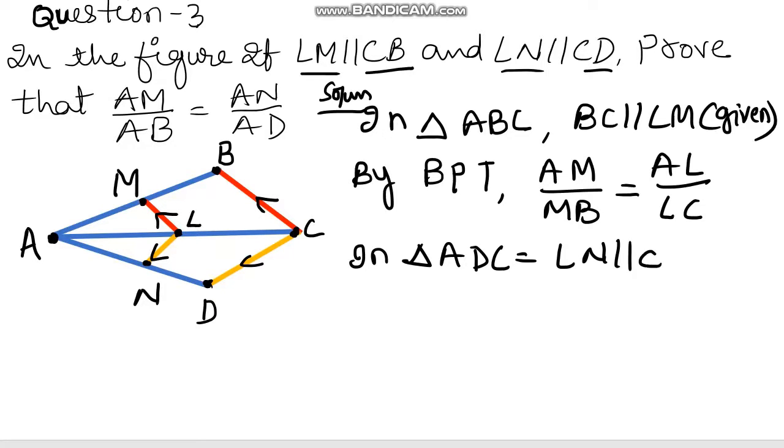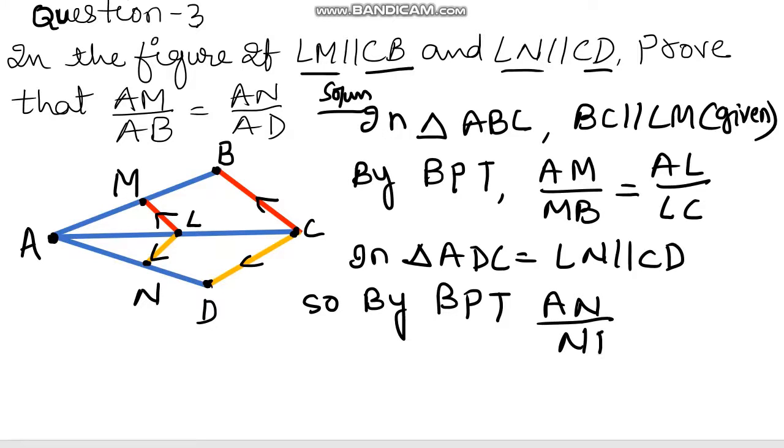So again by BPT, you have AN by ND equal to AL by LC. Now see children, in the first case and in the second case you are getting AM by MB equal to AL by LC and again AN by ND equal to AL by LC.